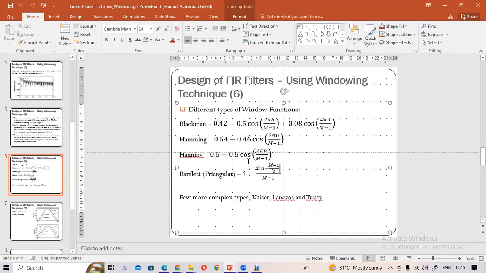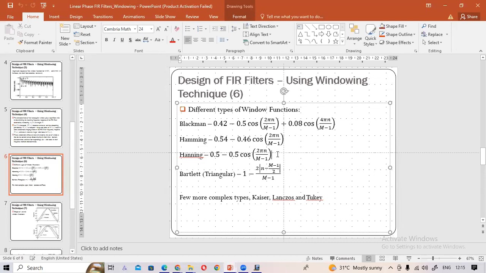For example, if n is 0, you apply 0 here. So cos 0 is 1, so 0.5 minus 0.5, you will have 0 here.